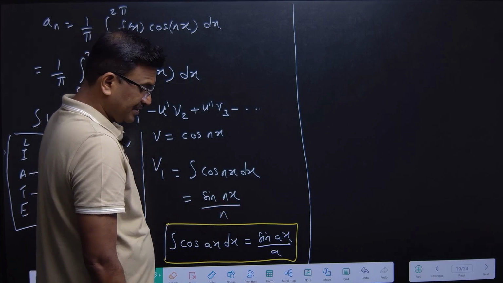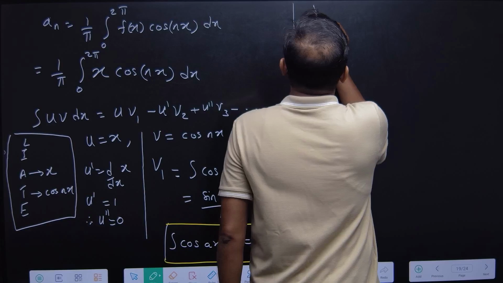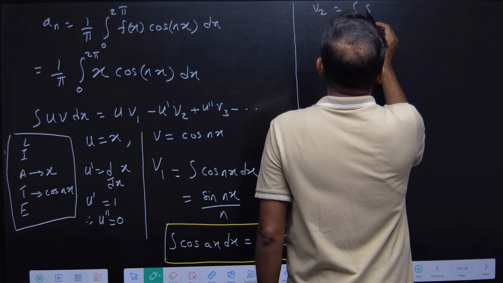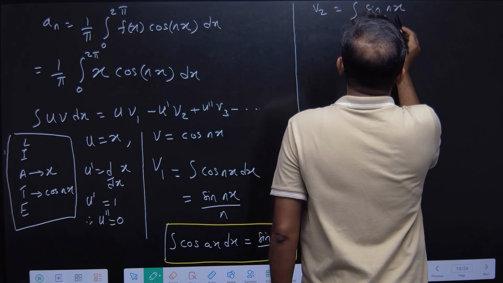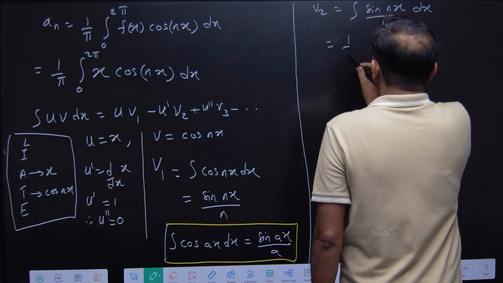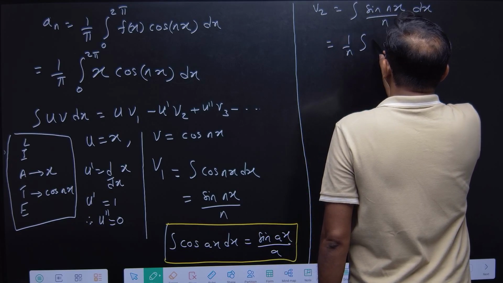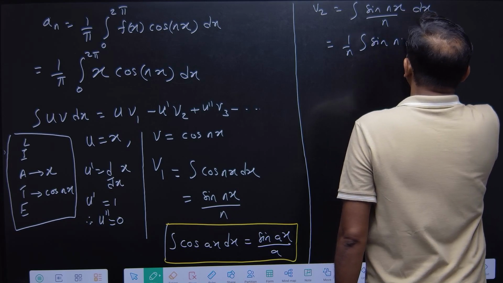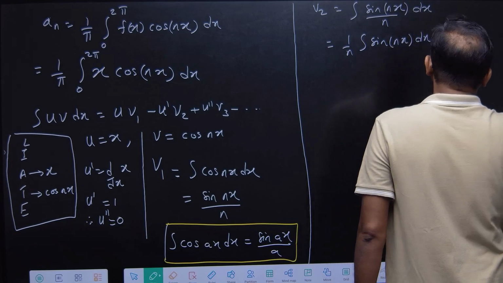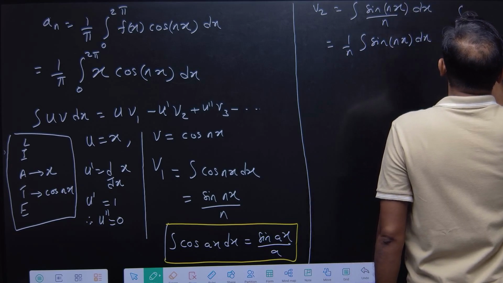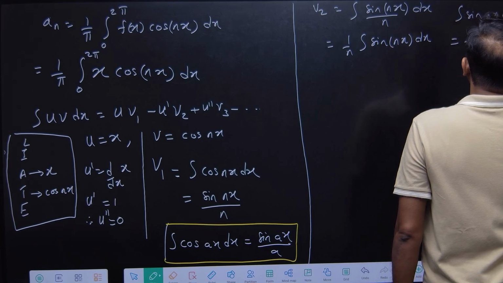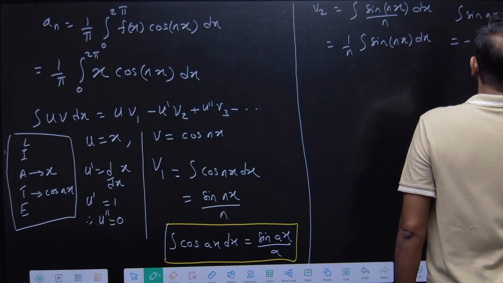So v1, remember, is the integration of v. v2 is the integration of v1. So v2 is the integration of sine of nx upon n dx. This 1 upon n being constant, we can take it outside. It will be integration of sine nx dx. Also remember, integration of sine ax dx is minus cos ax upon a.